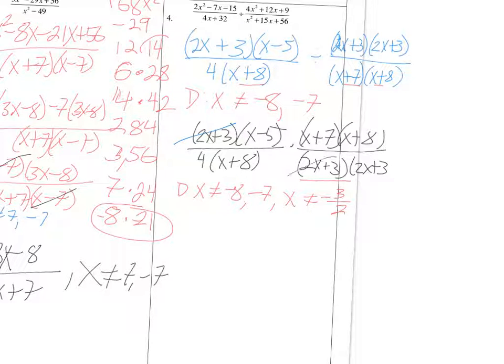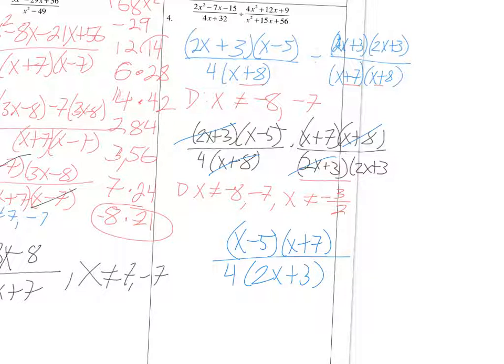So we got 2x plus 3s, we got an x plus 8, and I'm left with x minus 5 and x plus 7 over 4 and 2x plus 3. And the domain restriction on that, x cannot equal negative 8, negative 7, and negative 3 over 2.